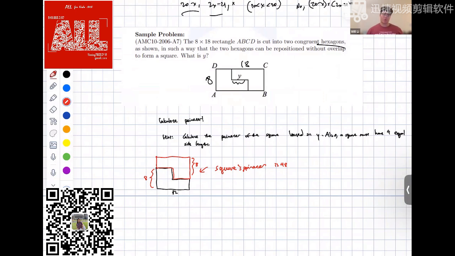And then how would you incorporate y into this? Oh, wait, sorry, can you tell me what y is? Y is 6. Yeah, it's 6. How'd you get y is 6?